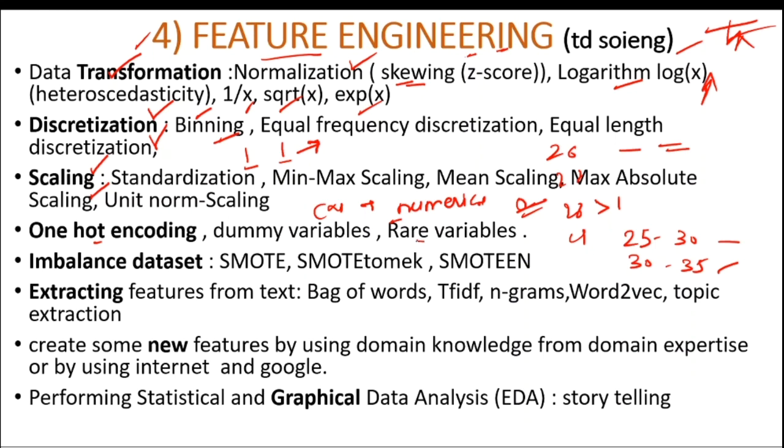And suppose there are rare variables where we have very few values, and an imbalanced data set. If we have an imbalanced data set, then we have to remove that imbalance. We have to neutralize the minority and majority cases. Suppose in case of credit card fraud or any defaulter, we have comparatively fewer frauds in real life.